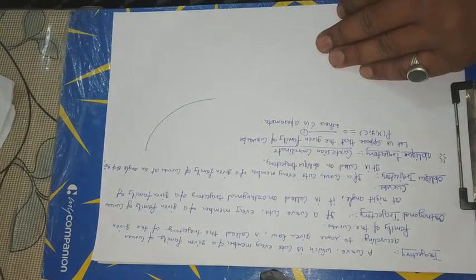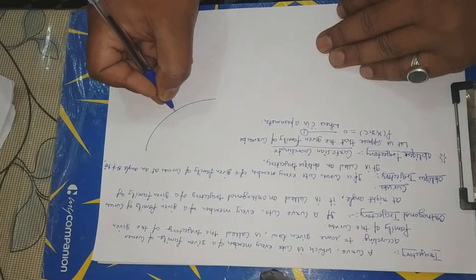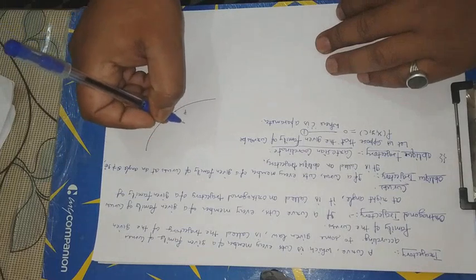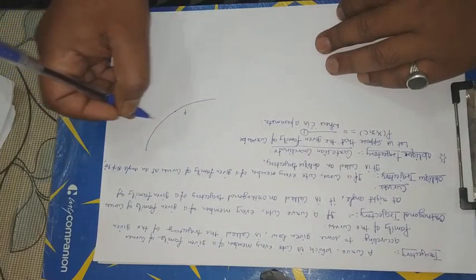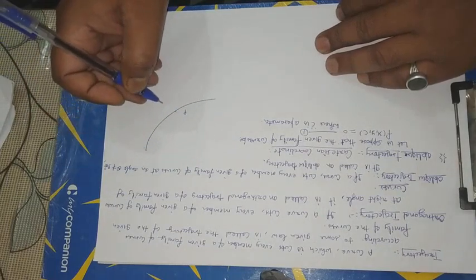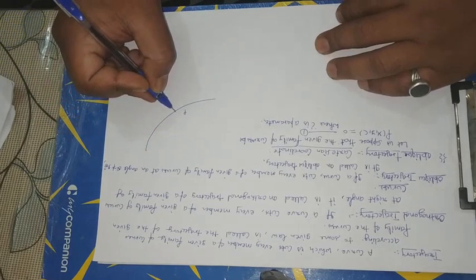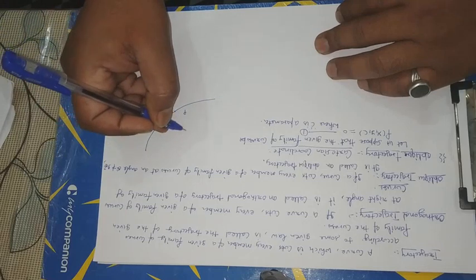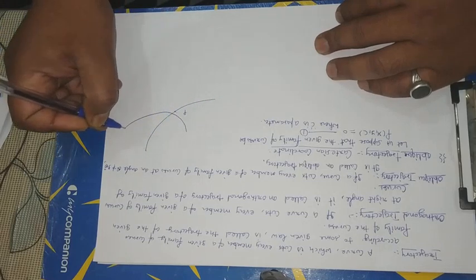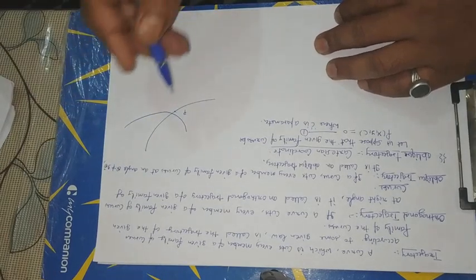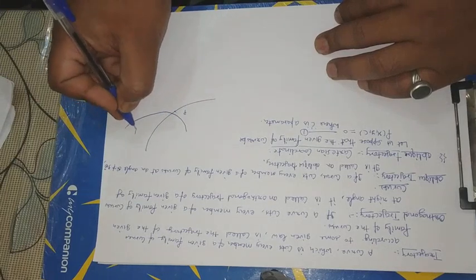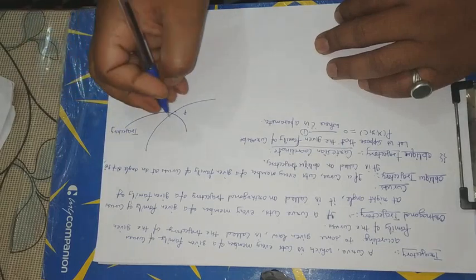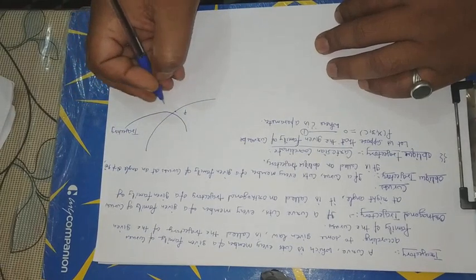This is the point P, and this is the trajectory.